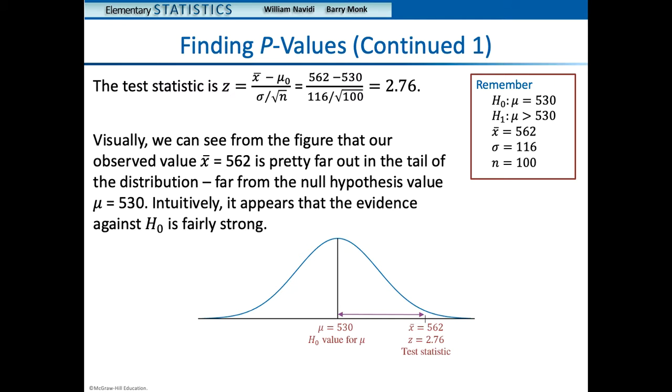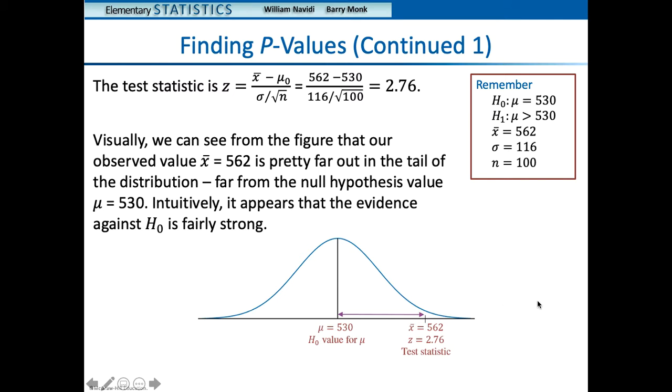So if the sampling distribution is actually centered over 530, the likelihood or the probability of getting a sample mean of 562 is actually quite small. It could happen, but you'd be much more likely to get sample means that are a little closer in to the mean, right? Sample means that are closer in to the peak of the distribution.